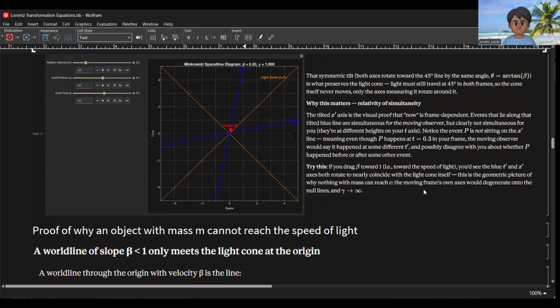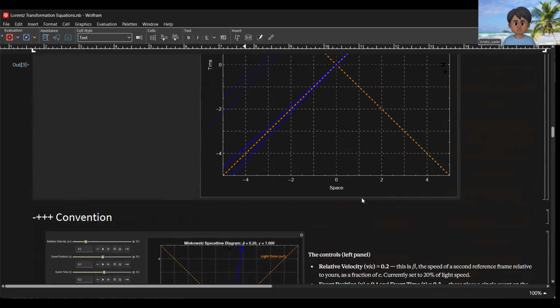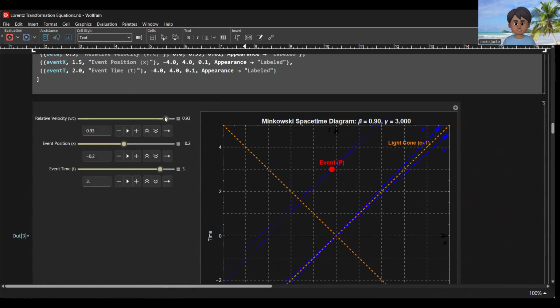The moving frame's axes would degenerate into the null lines and the Lorentz factor approaches infinity. The blue lines are orthogonal at rest, but if you make beta equal to 0.99, they nearly coincide with the light cone.